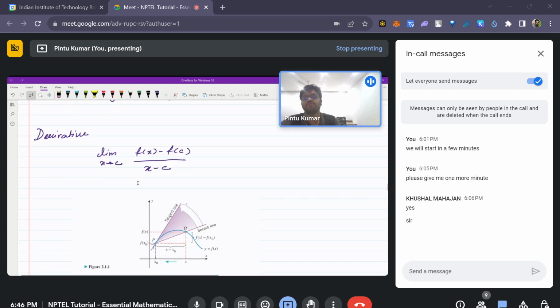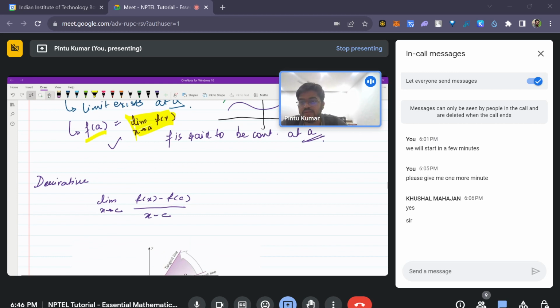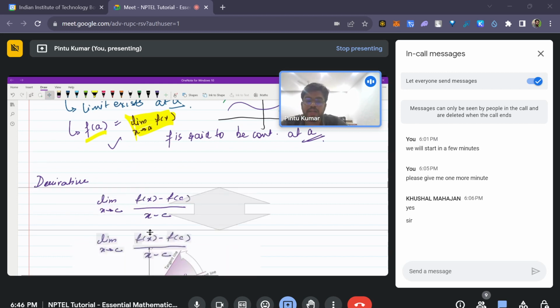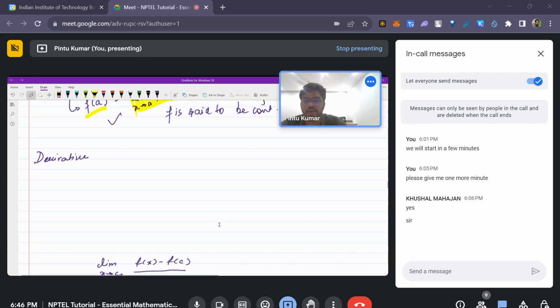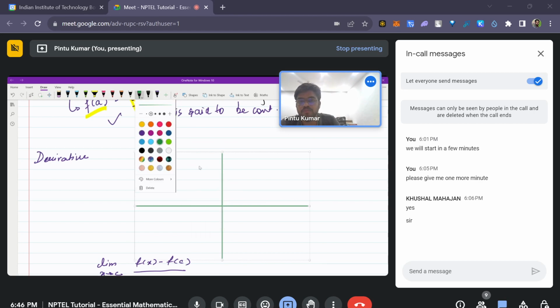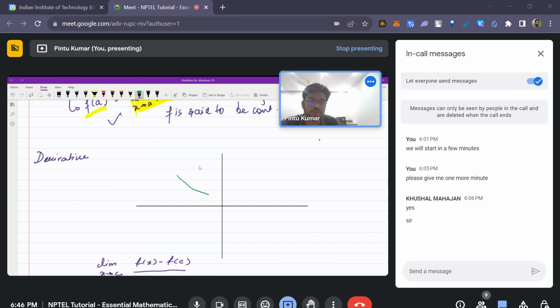Before defining the derivative, let's see what is meant by a function being differentiable. So again, I'll draw this graph only, right? Let's say I have some curve, some graph. I want to see if my function is differentiable at this point or not.